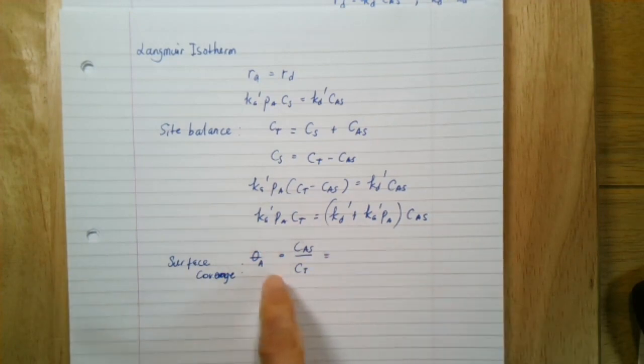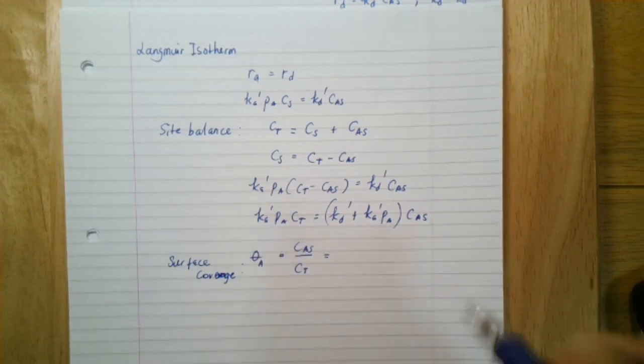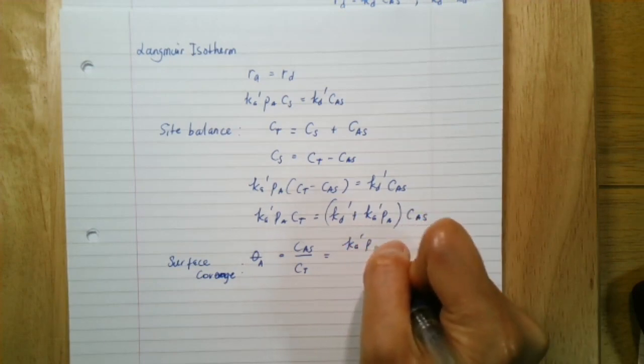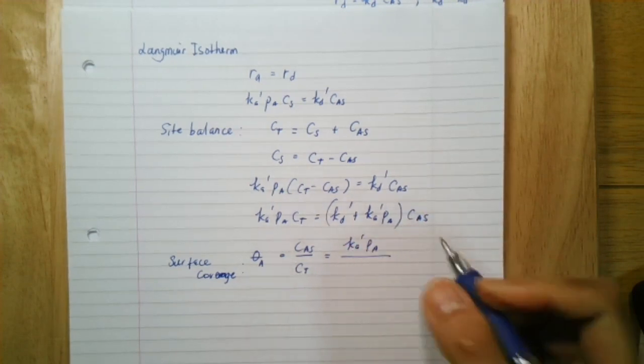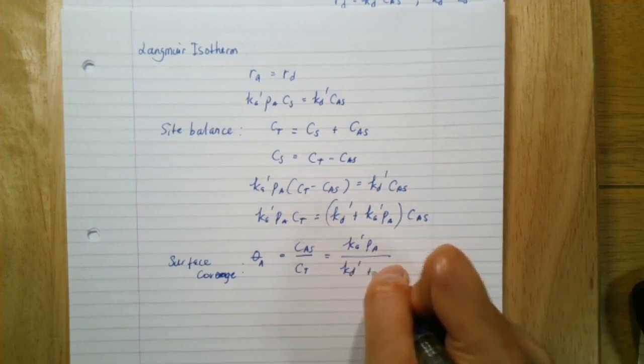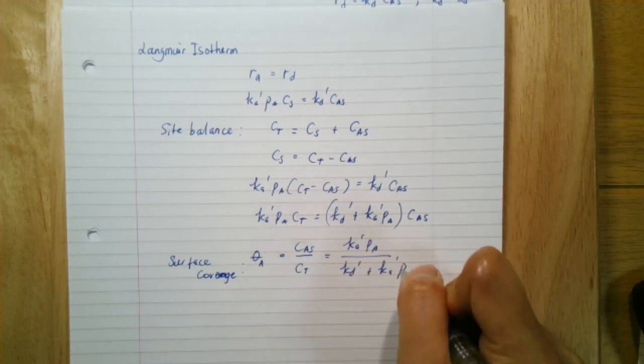And I can solve this from this expression. This is just equal to Ka prime Pa over Kd prime plus Ka prime Pa.